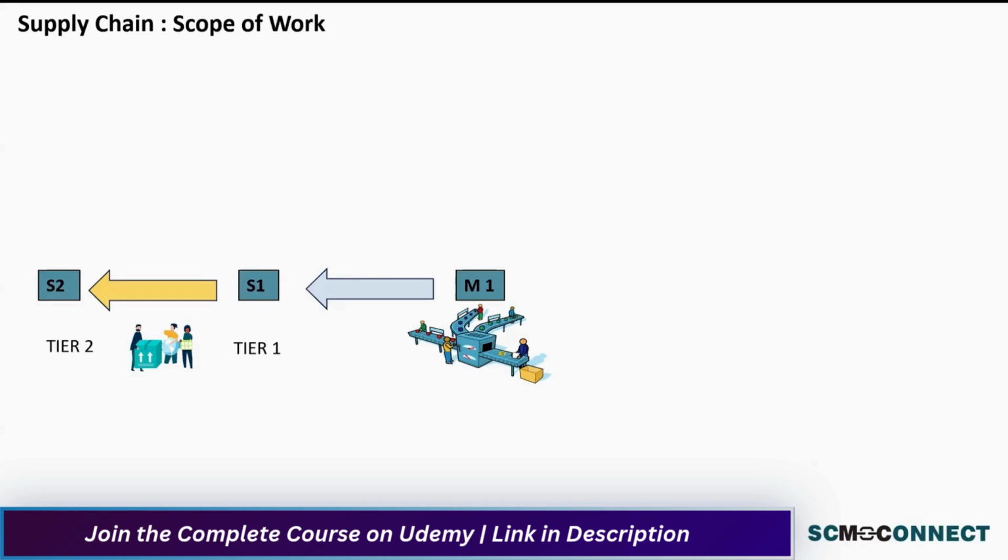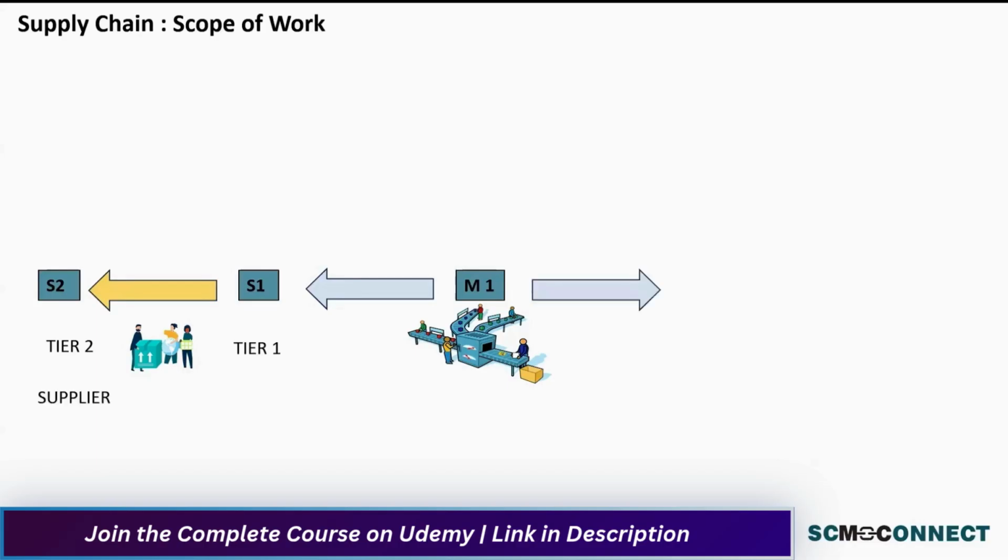So tier 1 supplier could be your Seats of the world, the Bridgestones, the Polo, JK tires, and so on and so forth. Tier 2 suppliers would be the plants who are producing rubber or supplying processed rubber to these tier 1 suppliers.